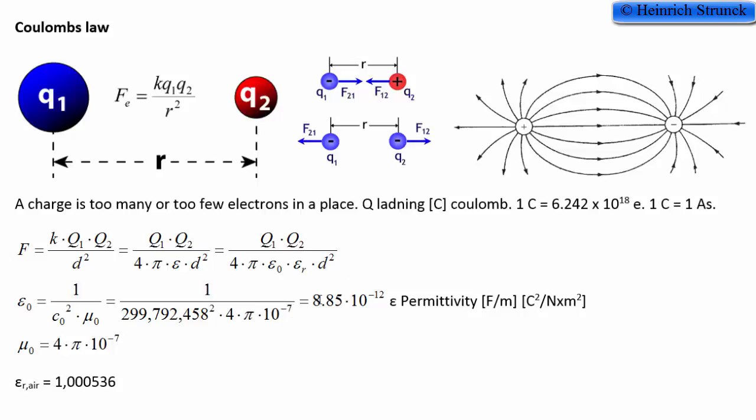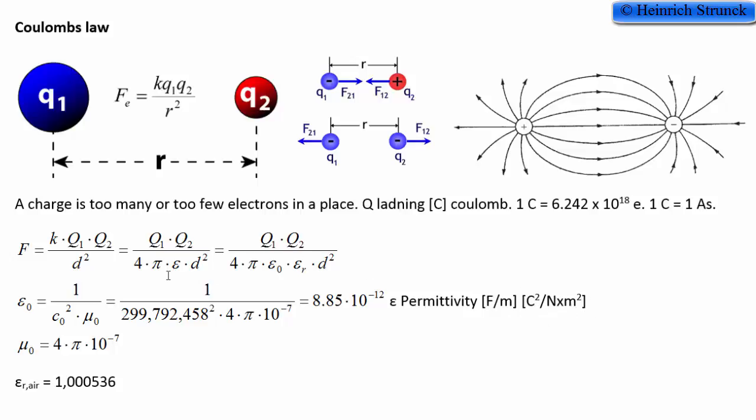It gives us a number of 8.85 times 10 to the power of negative 12. So that's the number for epsilon 0. It is the permittivity, and the unit for this one is farad per meter. We can also say that it is coulomb squared divided by newton times square meter.